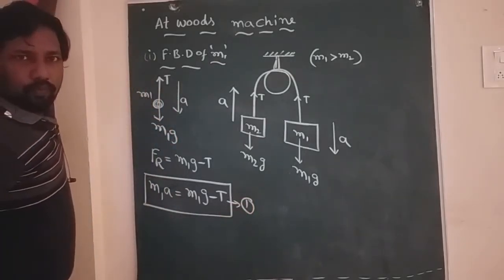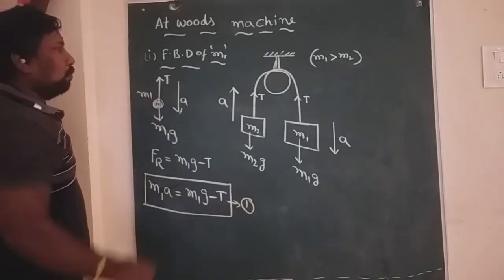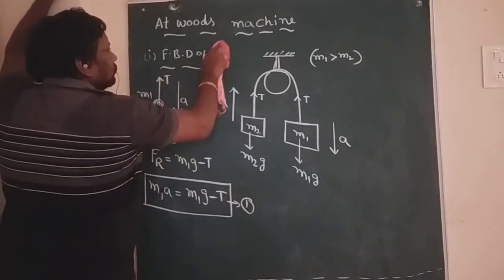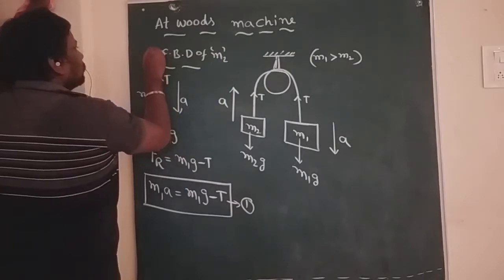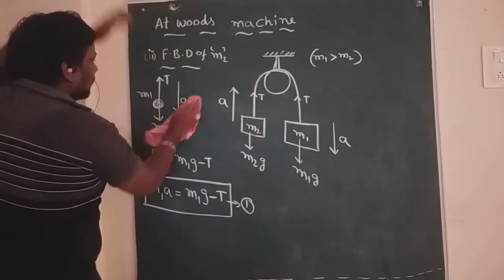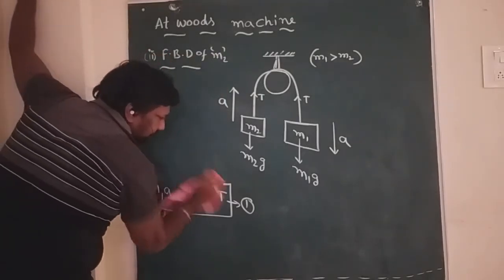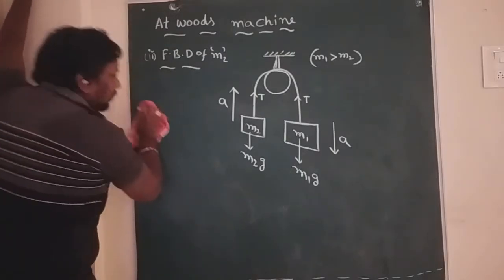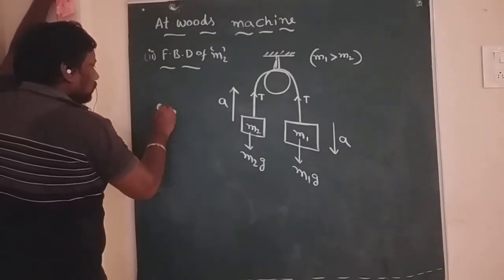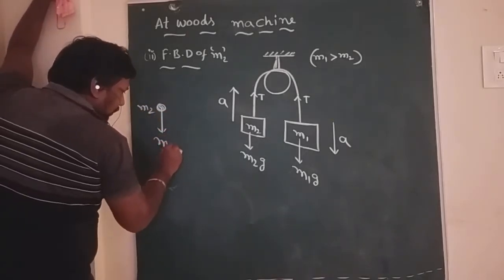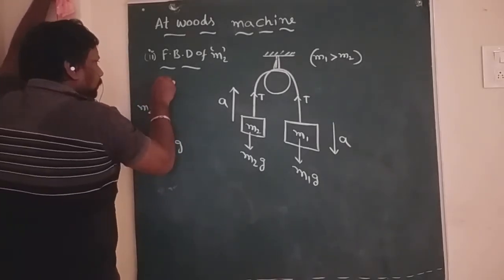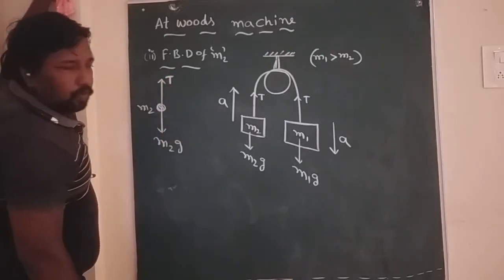Now, free body diagram of M2 block. So here, this is the M2 block. Weight vertically downwards, tensional force vertically upwards.